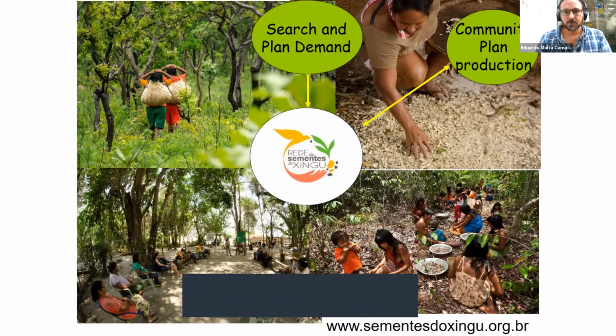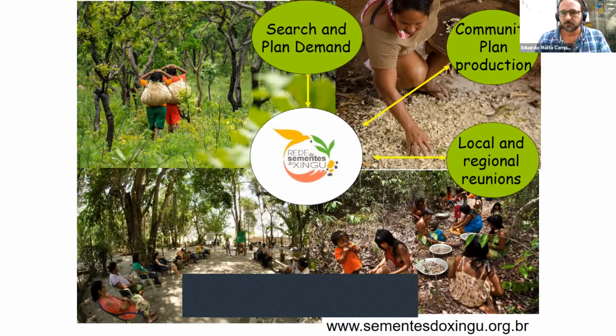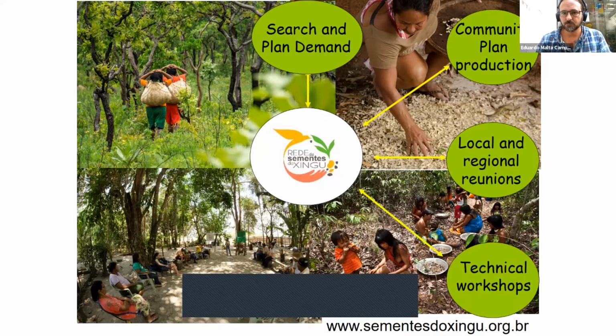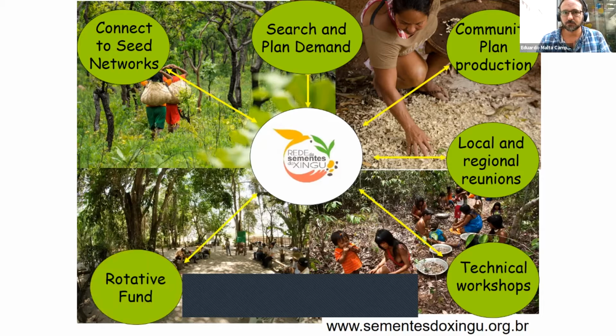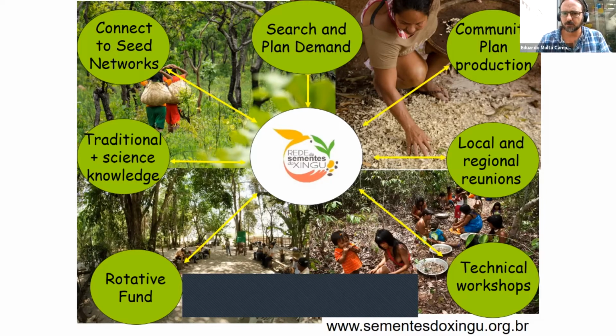And then we do the community plant production with local and regional meetings and technical workshops. We also connect to other seed networks, and we have a rotating fund for the collectors to get loans for structure and materials for seed production.